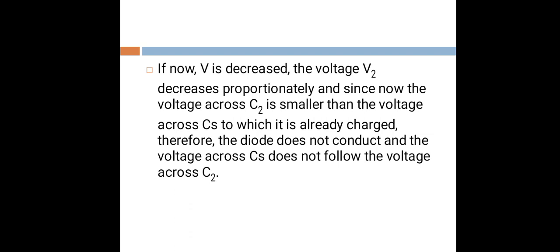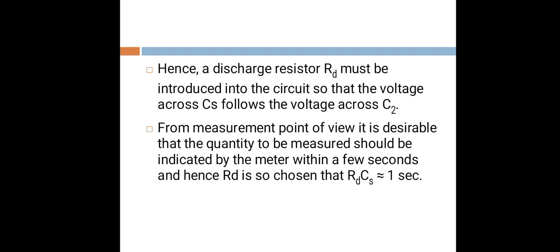If now V is decreased and the voltage V2 is decreased proportionally, the voltage across C2 is smaller than the voltage across Cs, to which it is already charged. Therefore the diode does not conduct and the voltage across Cs does not follow the voltage across C2.